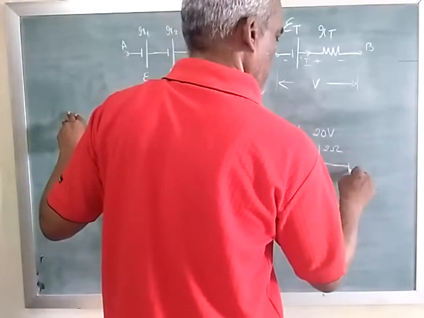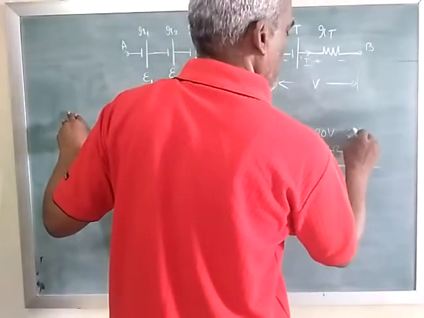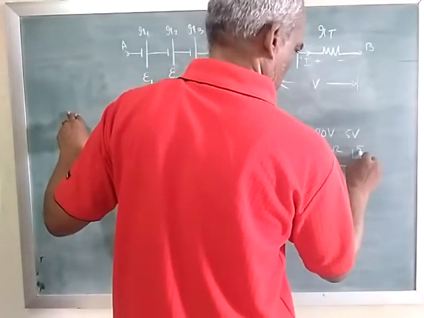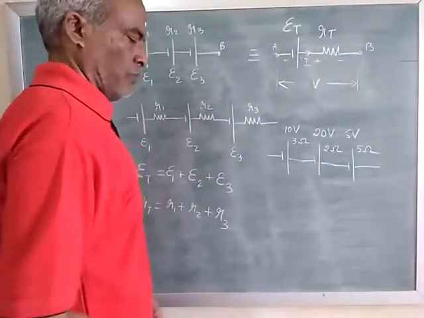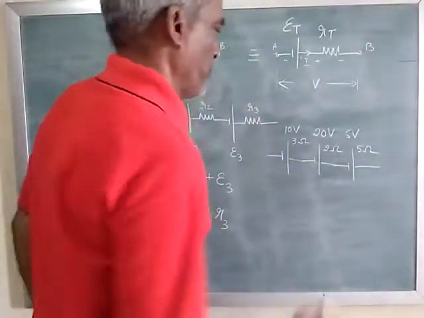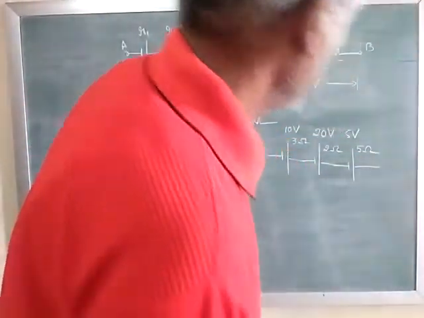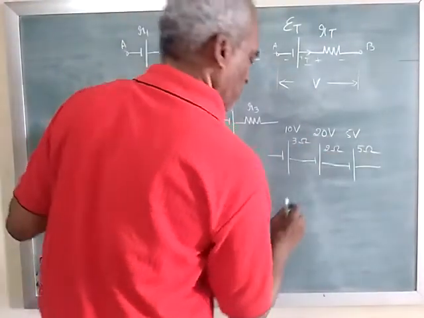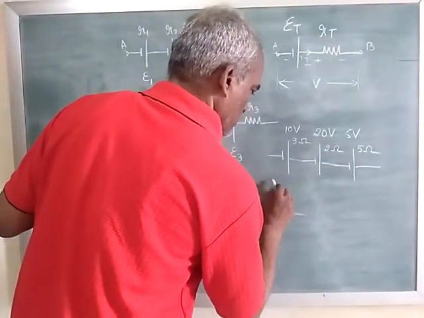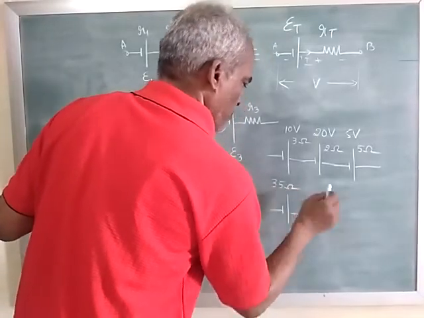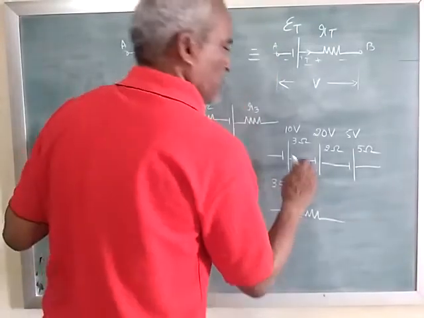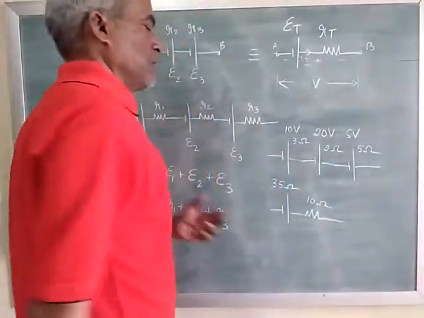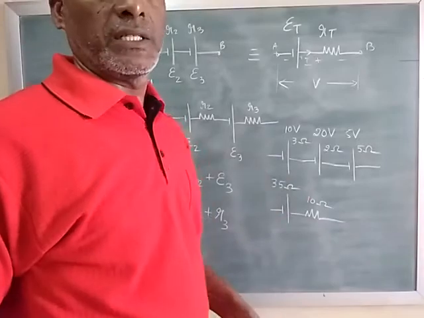Then we have 5 volts with internal resistance 5 ohms. Okay. So in this case you can write it as 10 plus 20, that is 30, plus 5, 35 volts, in series with 3 plus 2 plus 5, that is 10 ohms. This is the equivalent circuit for this connection.